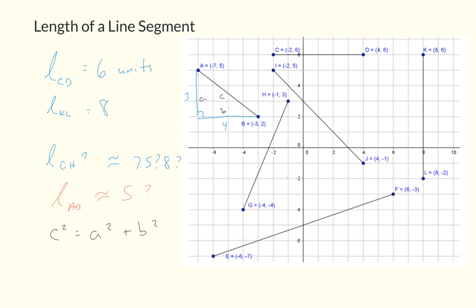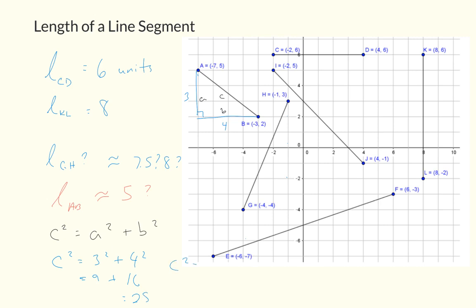And so that means for this triangle that we've created out of line segment AB, c squared, the unknown, will equal 3 squared plus 4 squared, which is 9 plus 16. And that equals 25.